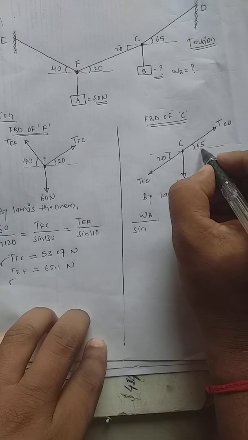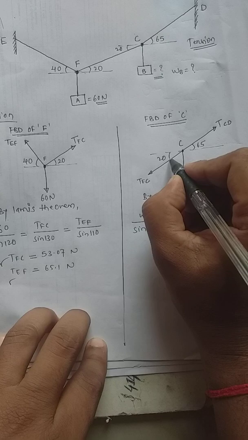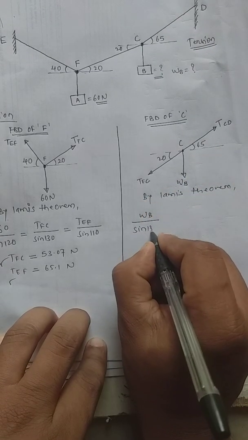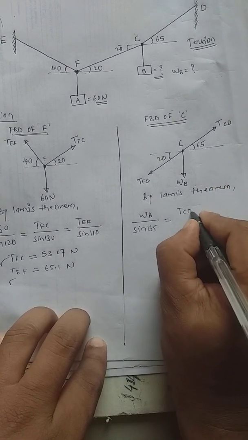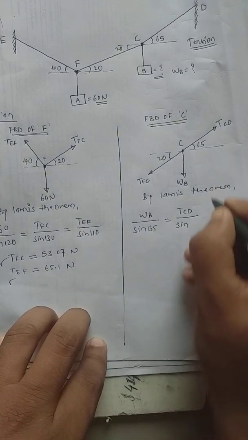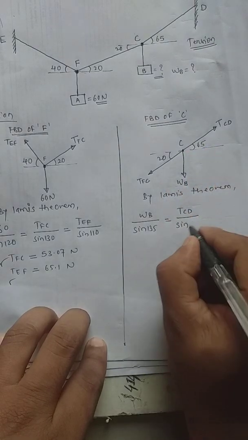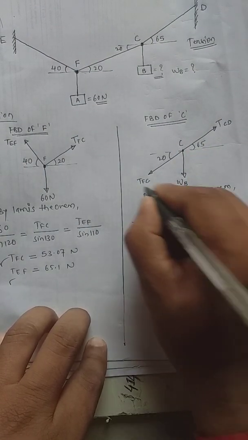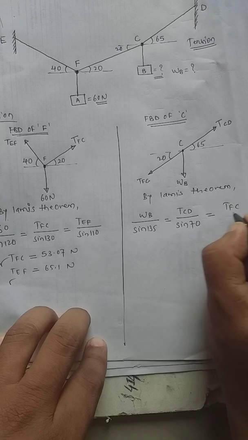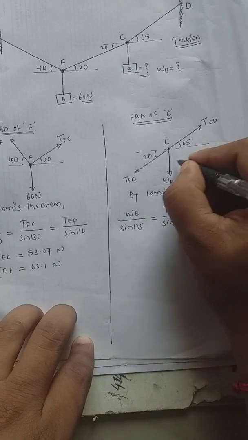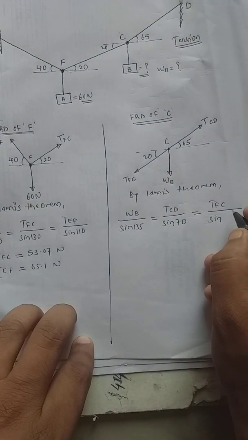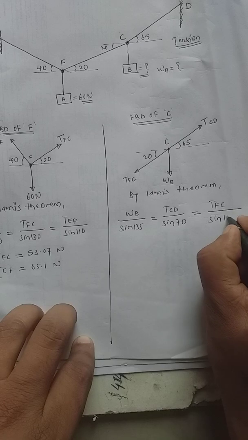This angle will be 180 minus 65, so this will be 115. 115 plus 20 is 135, so sine 135 is equal to TCD divided by sine of the angle between these two, 90 minus 20 is 70, is equal to TFC divided by sine of the angle between these two, 90 plus 65, 155.